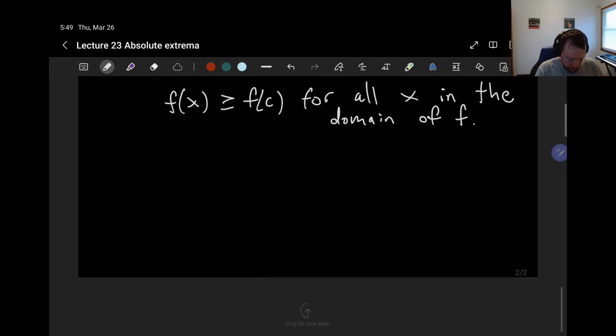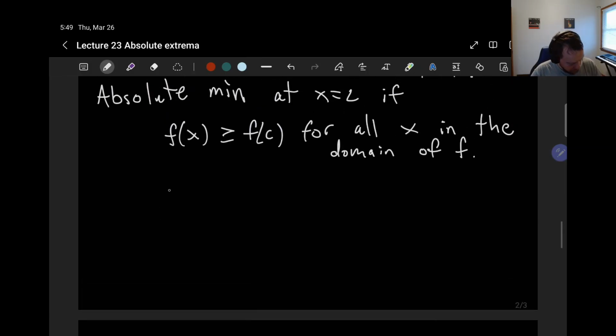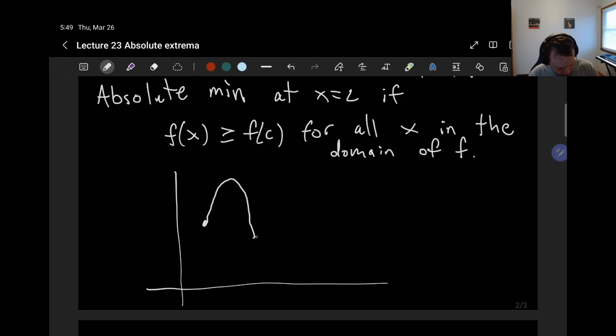For example, let's compare the two things of absolute versus relative. It's a graph that kind of snakes around. Okay, notice I've got firm endpoints here, so the graph just stops.